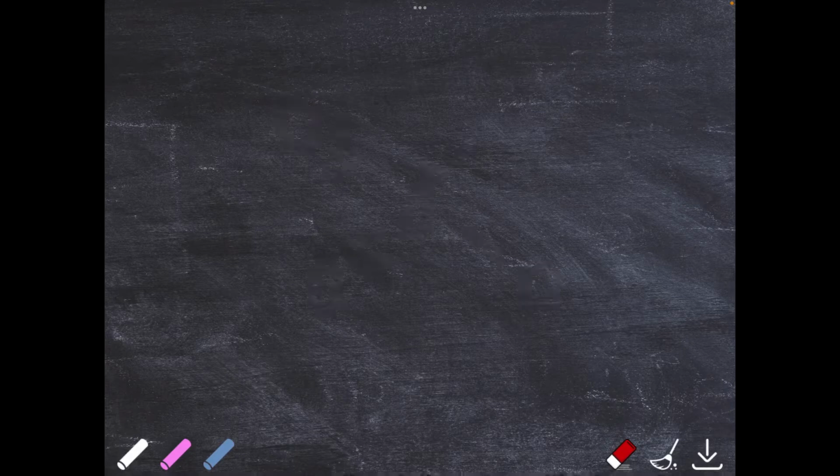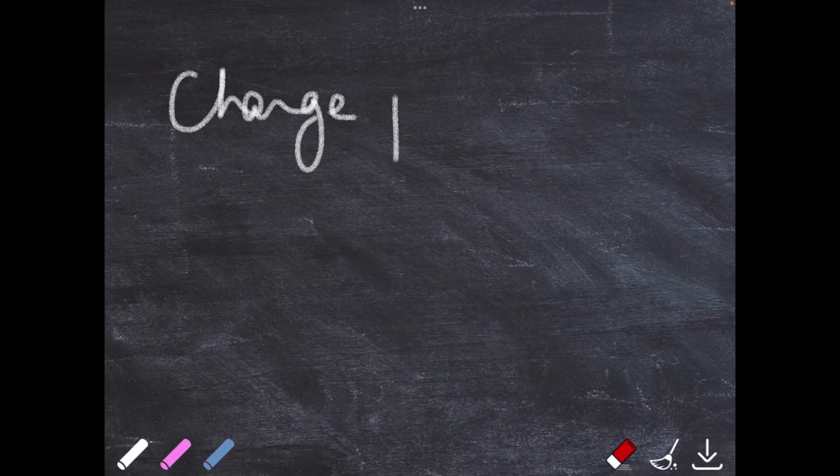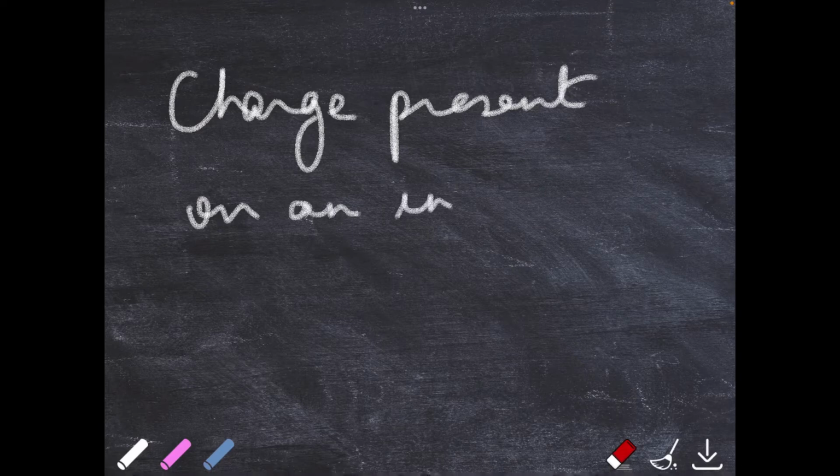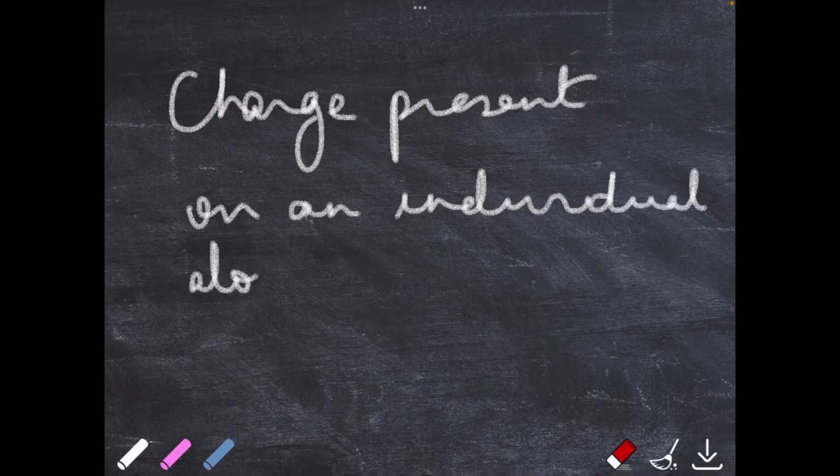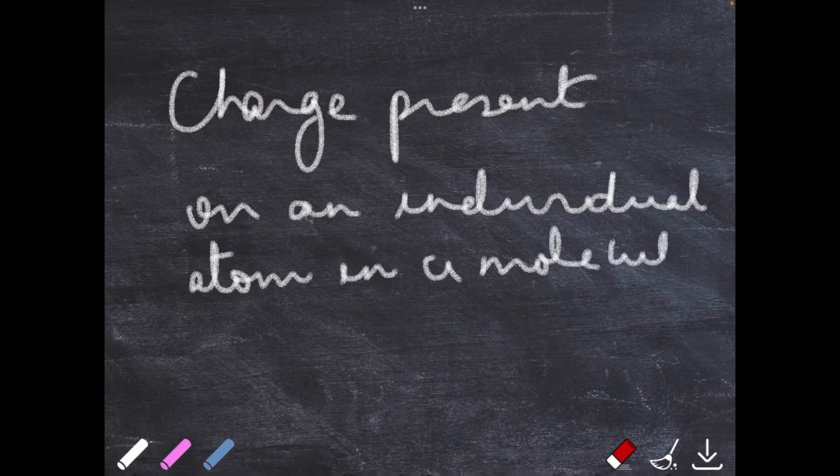So formal charge, you can say, is the charge assigned or charge present on an individual atom in a molecule or ion. So that is the formal charge.